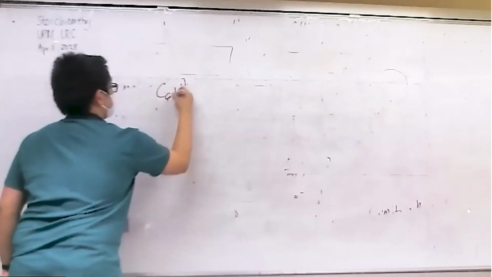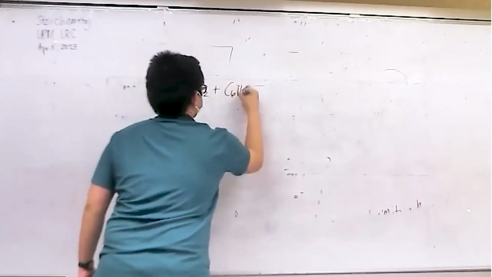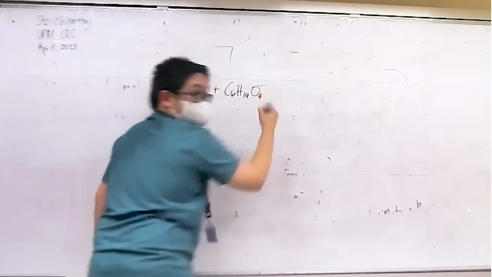I'll just write it. Okay, so C6H5NO2 plus C6H14O4, right?